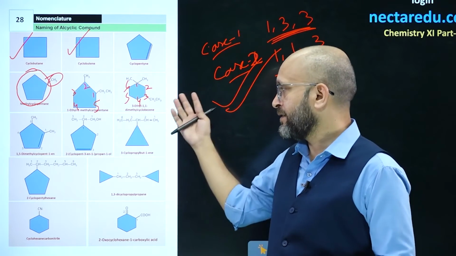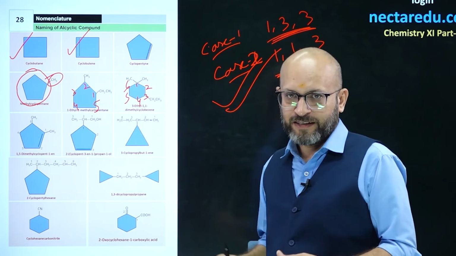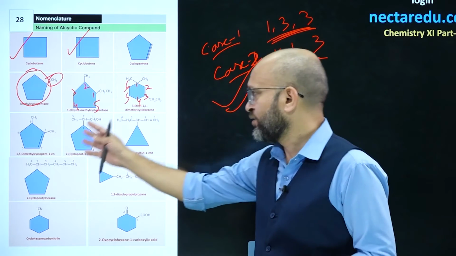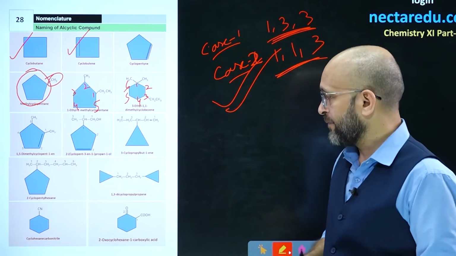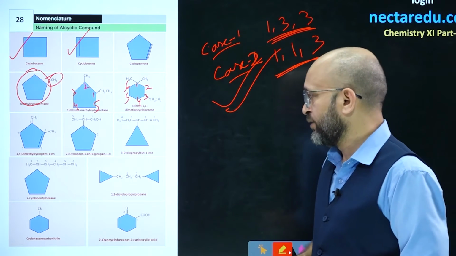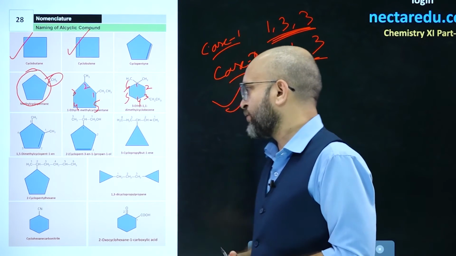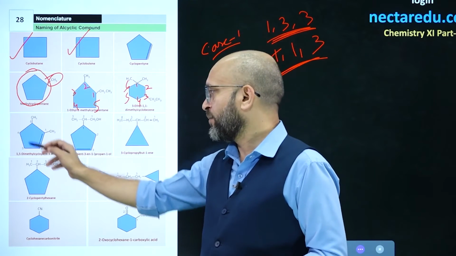Alright. So this is a very interesting problem we discussed. Similarly, you can go ahead and try these examples. I'm very sure that you would be able to write the names for these. For example, here we have a double bond in the ring.